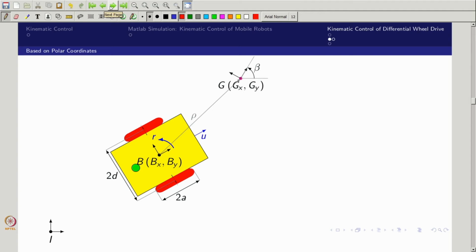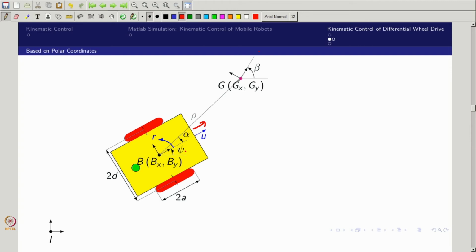The angle from xb to xg I call the line of sight angle, okay. So this alpha is what I call the line of sight angle, but the vehicle is already oriented with respect to the I frame as psi. What we are looking at is to reach this point and then follow this beta angle. Definitely beta cannot be achieved directly, so we will do it one by one.